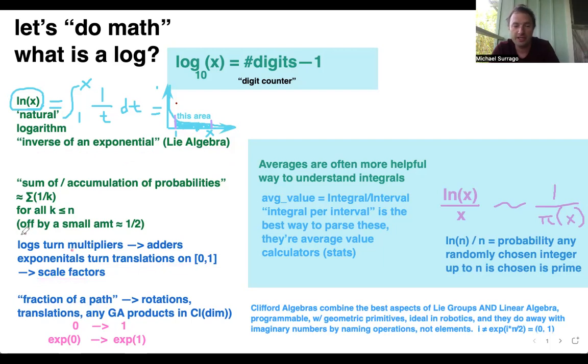So it's summarized down here that logs will turn multipliers into adders, basically, and turn exponential functions into translations. Exponentials turn translations into scale factors.